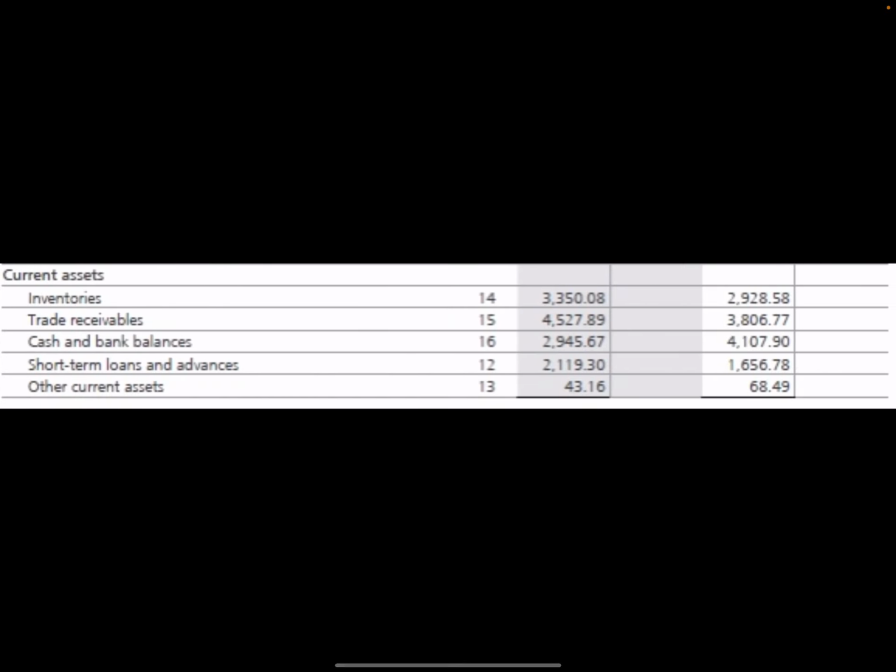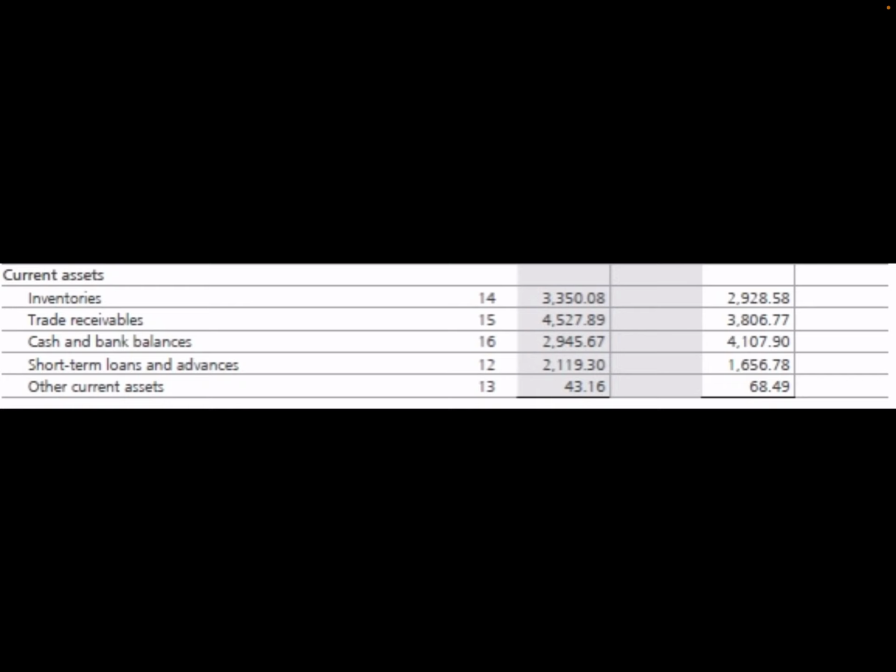The first line of the current asset is inventory, which stands at rupees 335.0 crore. Inventory includes all the finished goods manufactured by the company, raw material in stock, goods that are manufactured incompletely, etc. Inventories are goods at various stages of production and hence have not been sold.